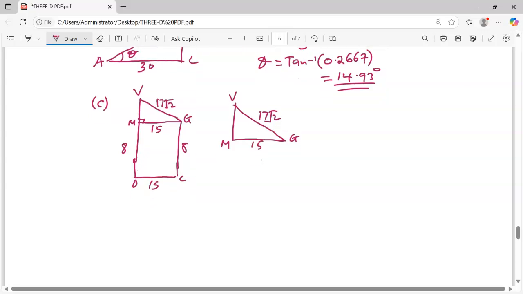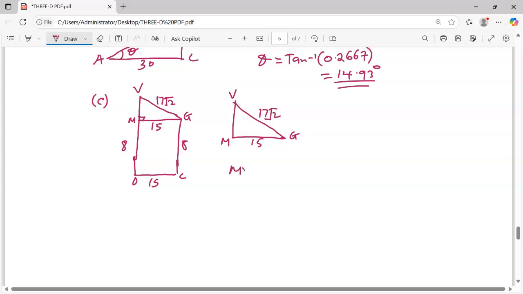So to get MV, we are going to find the square root of, since 17 root 2 is the hypotenuse length, 17 root of 2 squared minus 15 squared. 15 squared is 225. 17 root 2 squared will give us 578.